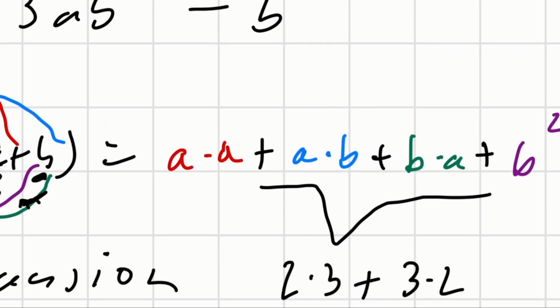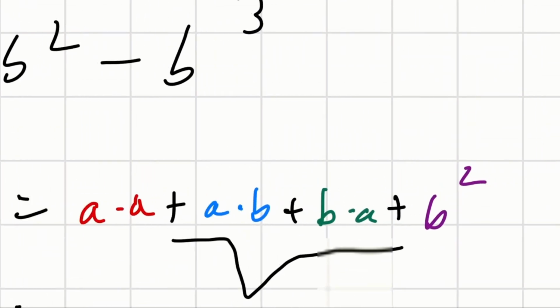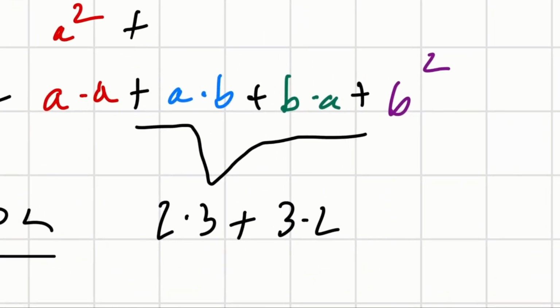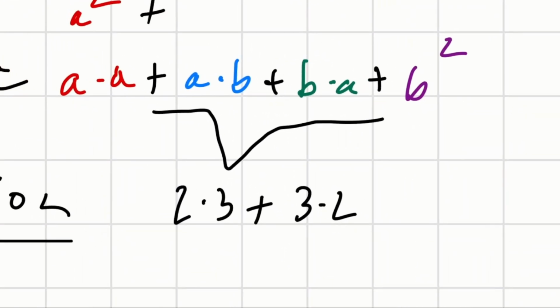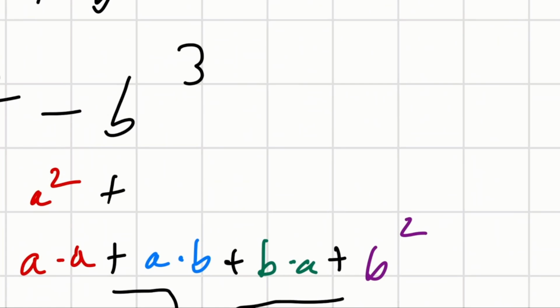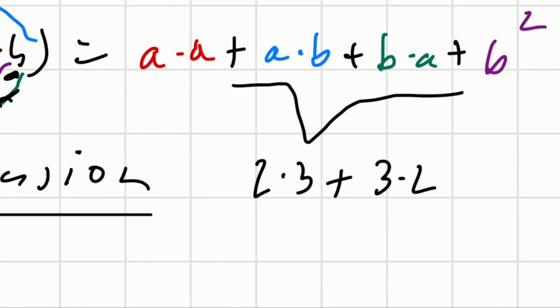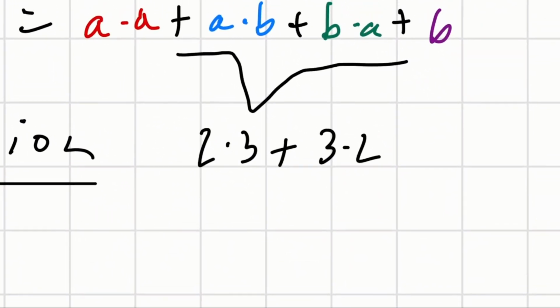Okay, we already can write down a squared plus. Now comes the part which is important. A lot of people seem to wonder why we have 2ab and not this form. I prepared a simple example. Let's have a look at 2 times 3 and 3 times 2.